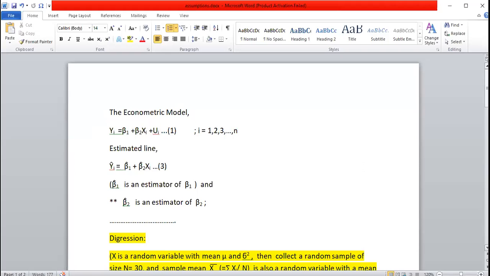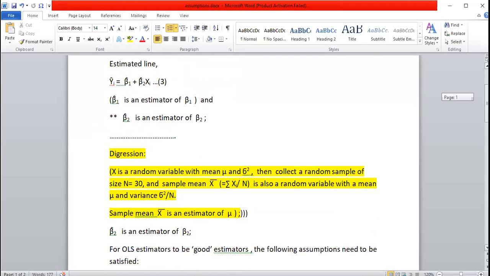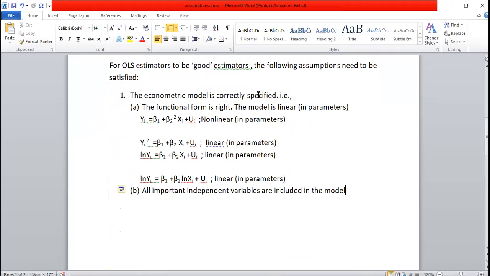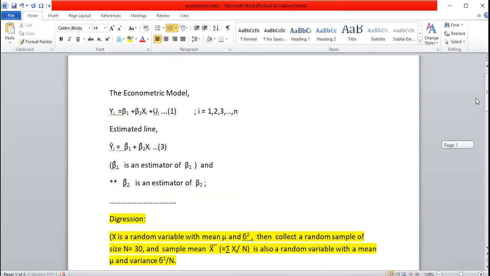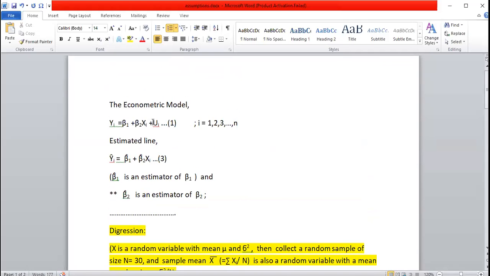No. Do you think income is an important variable? Yes, exactly. So when you say the model is correctly specified, you are saying that all important independent variables are included in the model. That means if you are doing a demand model, you have included not only price, but also what?